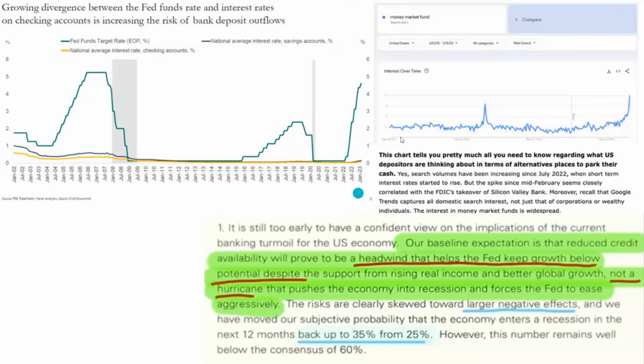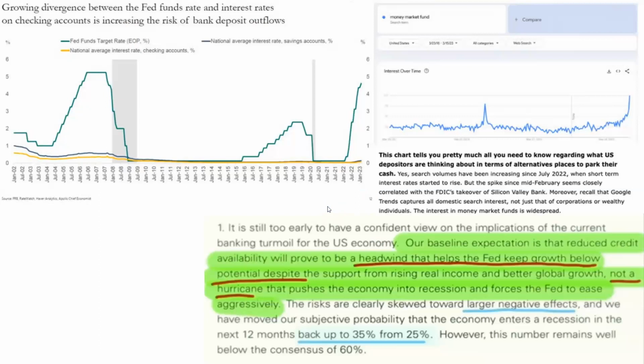Now, if you take a look here, this is Google Trends, and you can see money market fund is one of the top search terms right now. It has absolutely skyrocketed, and this chart pretty much tells you all you need to know regarding what U.S. depositors are thinking about in terms of alternative places to park their cash. Yes, search volumes have been increasing since July 2022 when short-term interest rates started to rise, but the spike since mid-February seems closely correlated with the FDIC's takeover of Silicon Valley Bank.